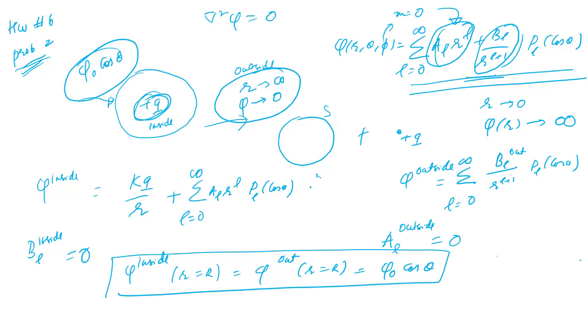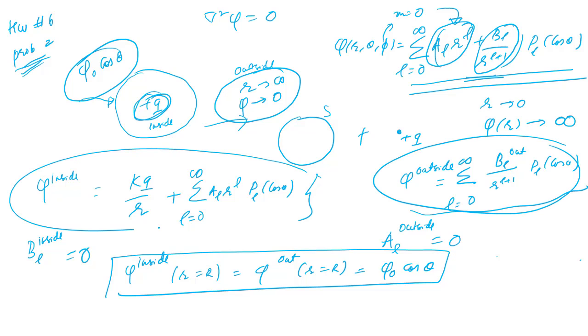Now we have the expressions for phi in and phi out, and all that we need to do is plug them in here. Related to the previous problem, just like how I placed kq by r as an extra term here, if you're trying to solve this problem, you will have to modify phi out to have kq by some r minus.